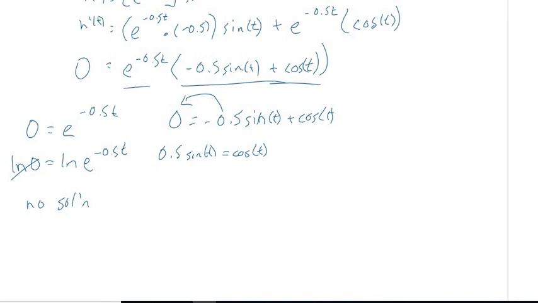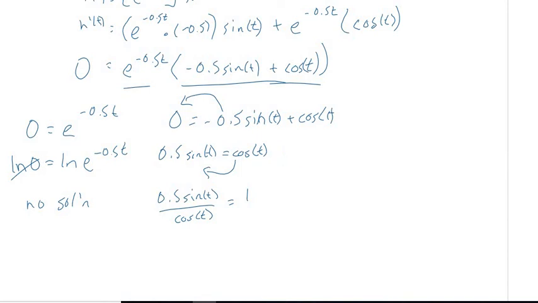We're going to divide both sides by cosine of t to move it over. So 0.5 sine of t over cosine of t. Hopefully you're seeing what I'm doing now. We're just going to have 1 left on that side because we just divided it out. It's going to be cosine of t divided by cosine of t. So that's just going to be 1.